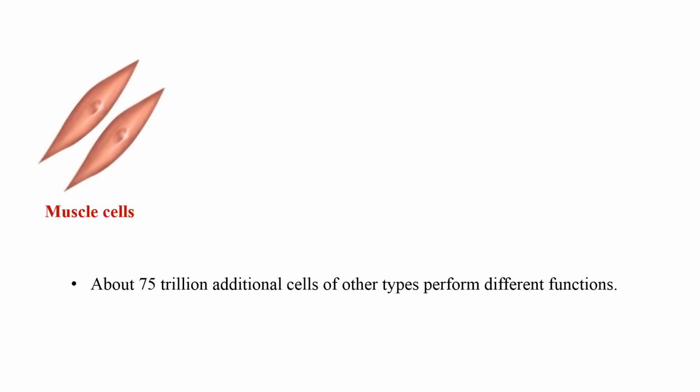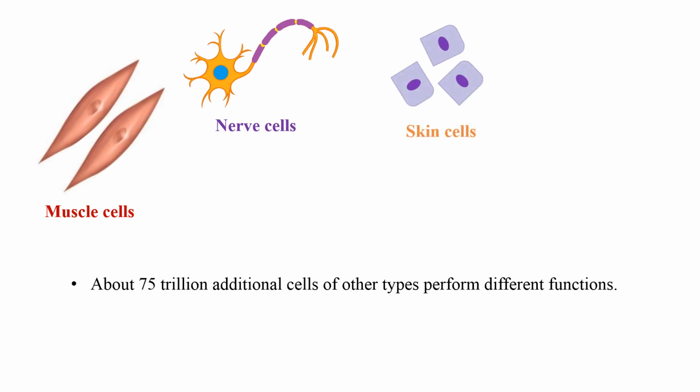About 75 trillion additional cells of other types perform different functions. For example, muscle cells carry out muscular contractions. Nerve cells carry impulses. Skin cells act as a barrier against external environment.